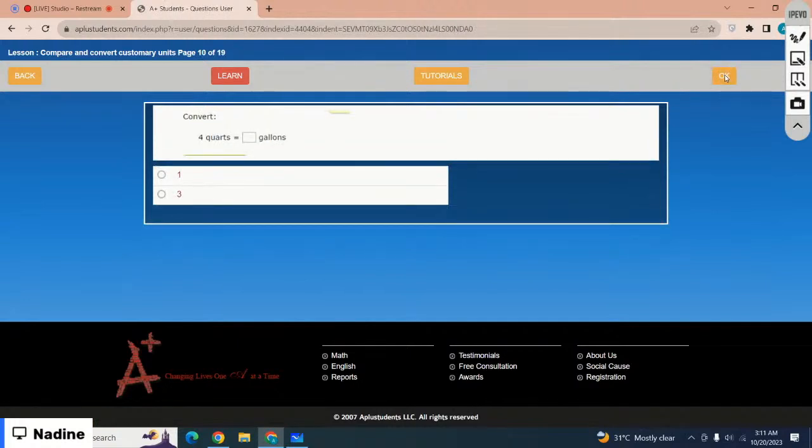Yes, that is 1 yard, right? 4 quarts equal how many gallons? 4 quarts equal 1 gallon. The correct option is 1, right?